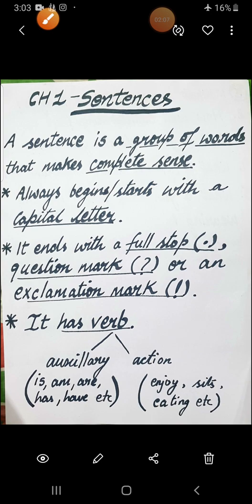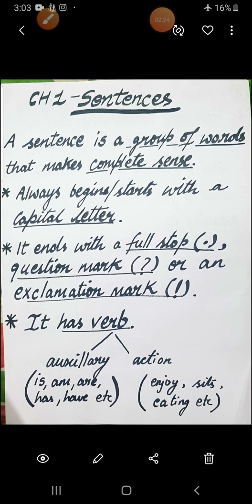Then it has a verb. A sentence will have a verb. It can have either an auxiliary verb or actions.